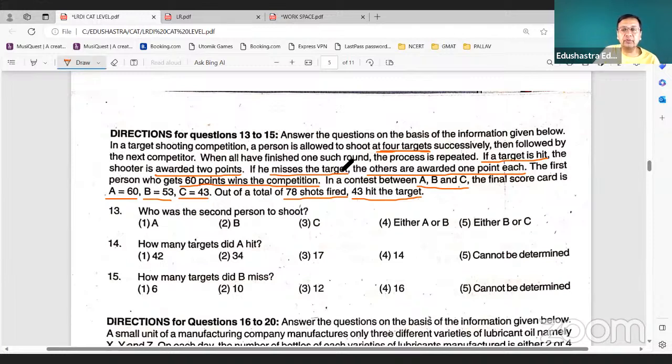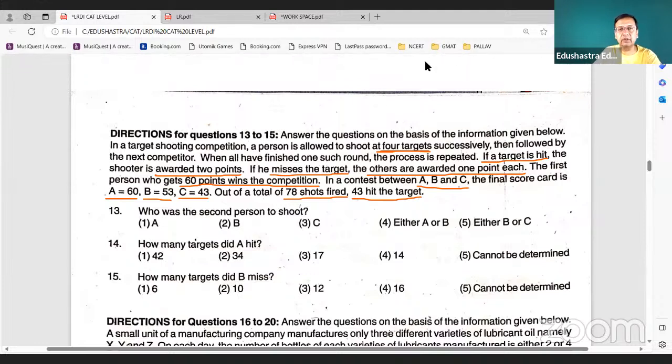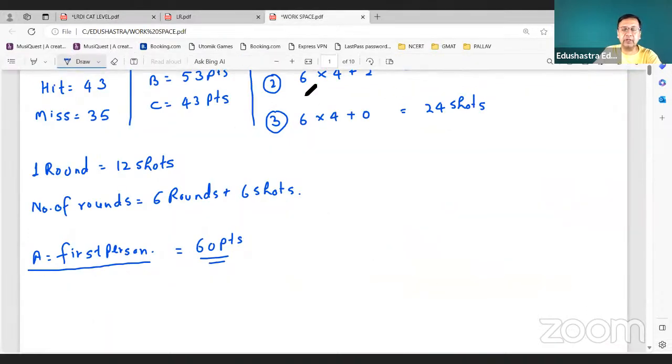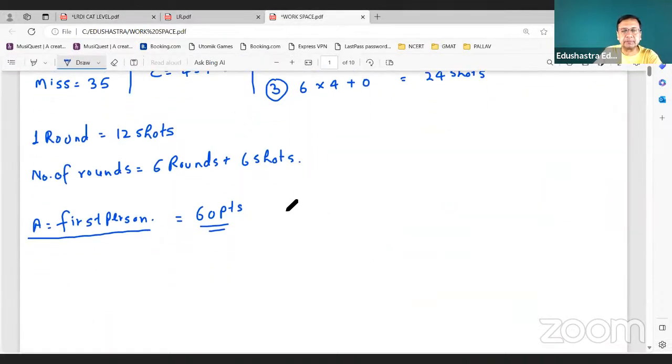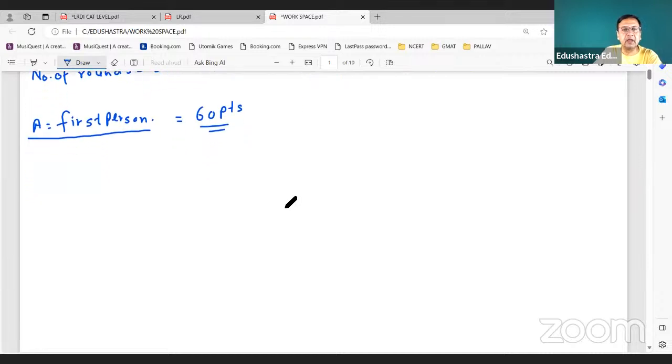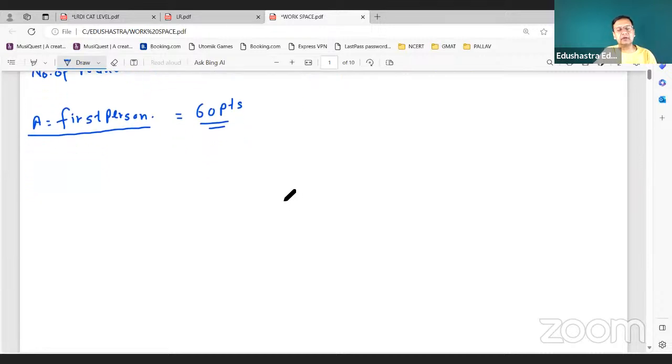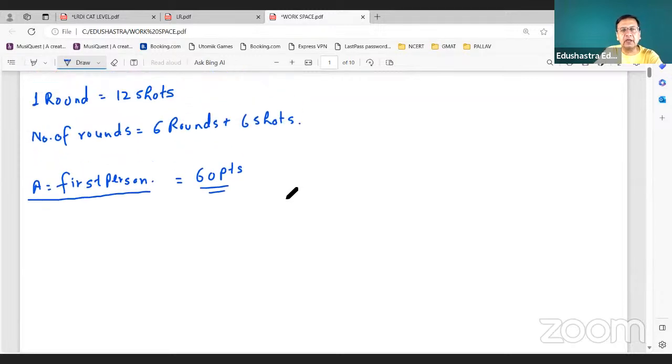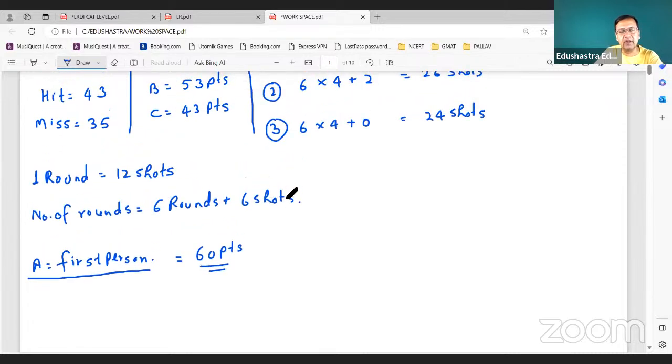So there should be no point wasted. If the target is hit, the shooter is getting 2 points, and if he is missing the target, the other players will be awarded 1 point each. This is a very important point to get the answer. Done. Now, A is the first person we are assuming, and A is scoring 60 points. Now total 78 shots are there, 43 are hit, and 35 are missed.